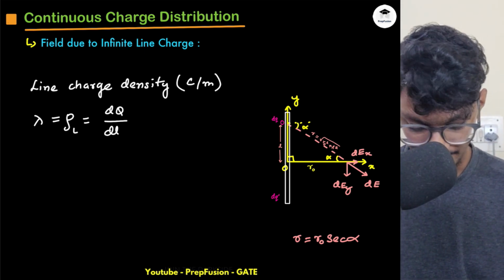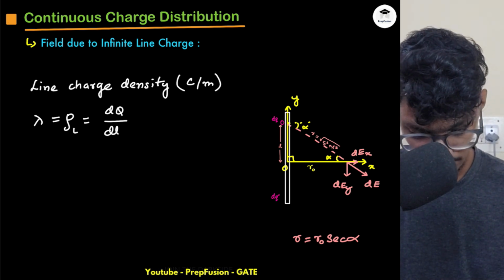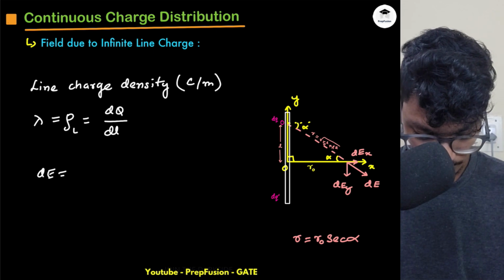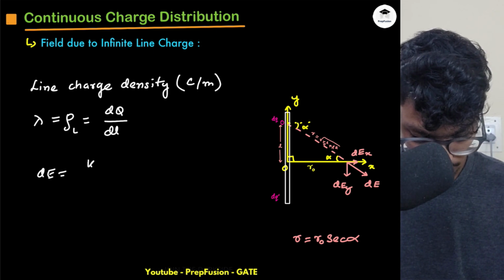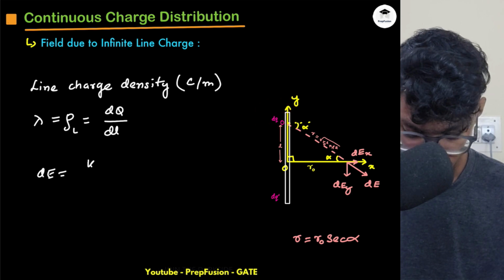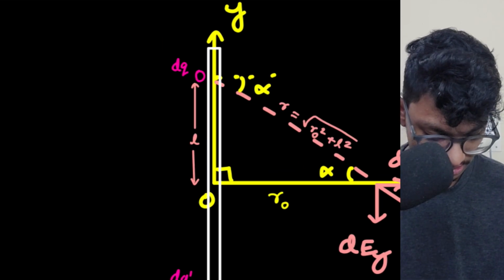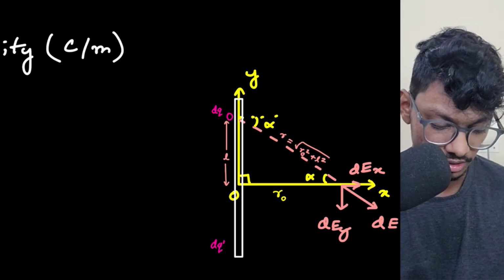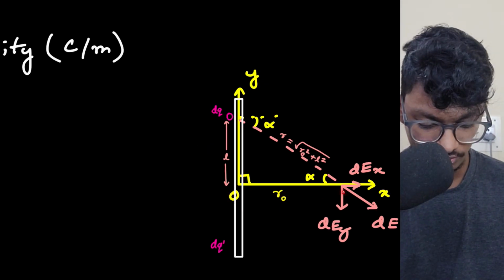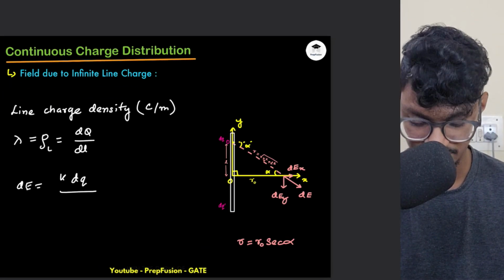So simply, dE will be k dq by r square. R square is this distance, this distance is r naught square plus l square. R naught is this distance from the rod along the x direction, and l is the y direction distance.